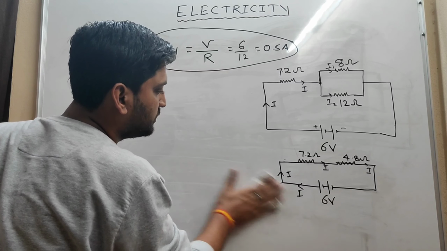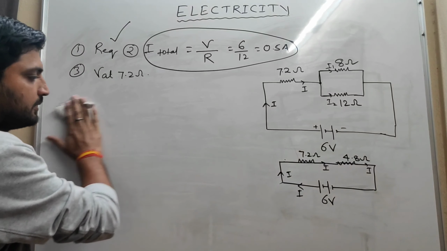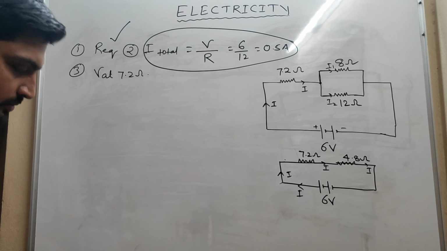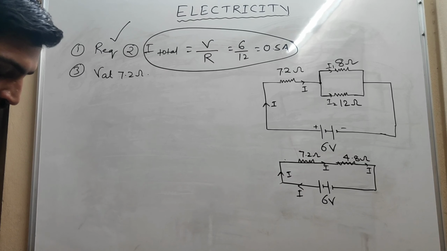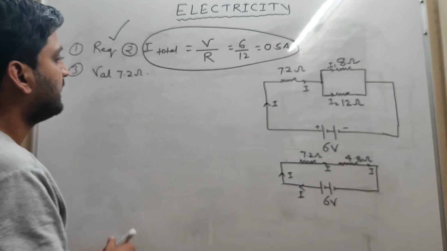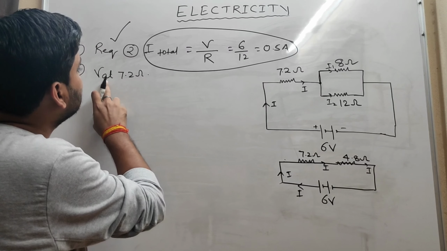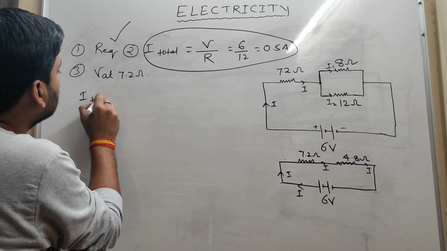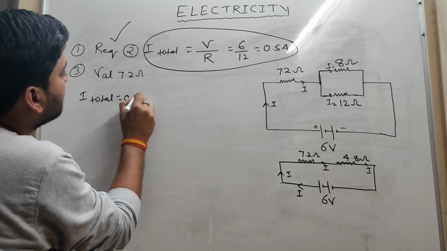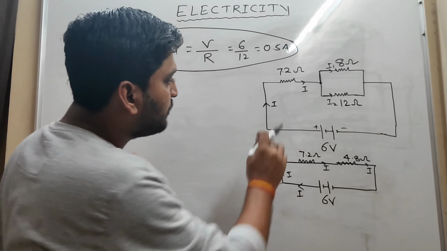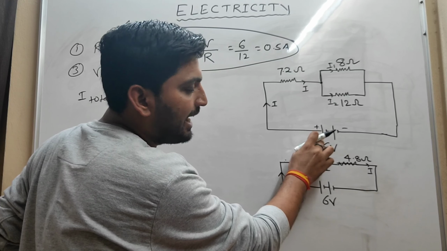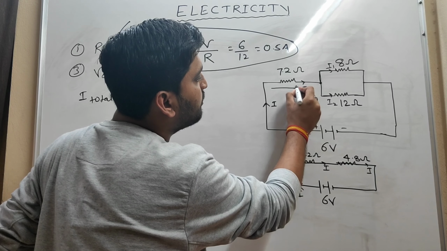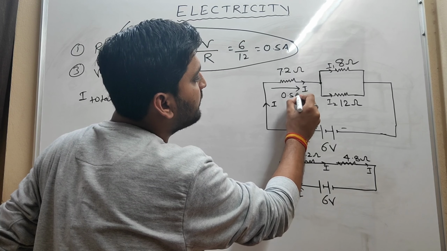So now see, as we need to find the potential difference at 7.2 ohm, let us take I total as 0.5 ampere. 0.5 ampere of current will start flowing from here, and the same current will flow through this 7.2 ohm, so here the current value is 0.5 ampere.